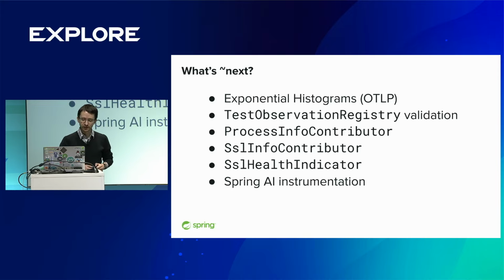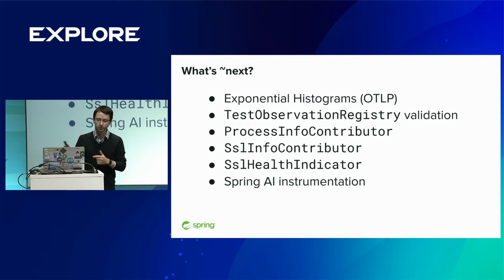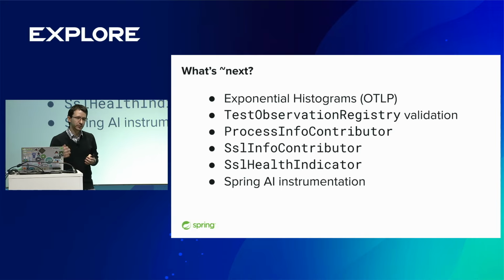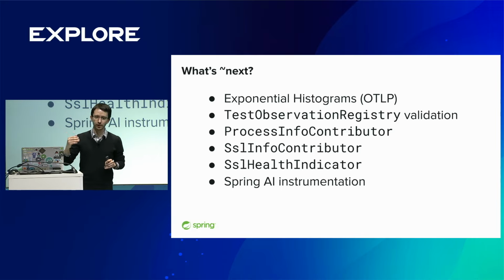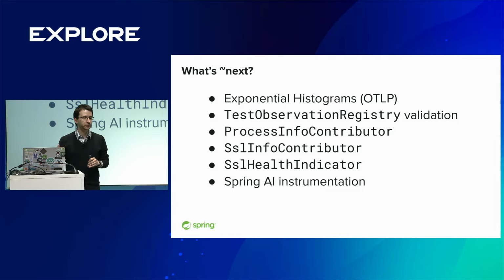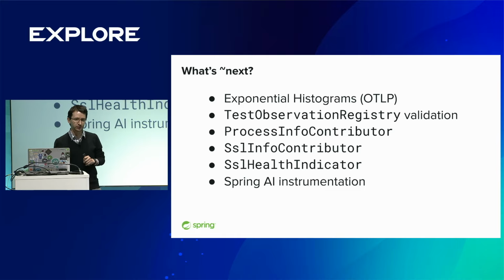We also added an SSL related info contributor and a health indicator. If you are using the SSL bundles feature, it gives you information about all of the certificates, no matter if it is a client or a server certificate.